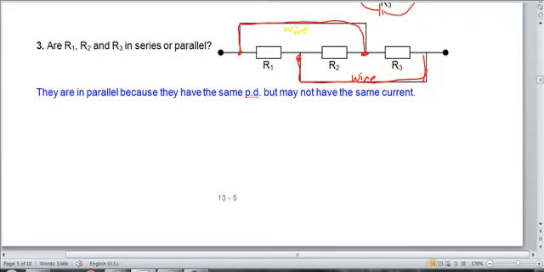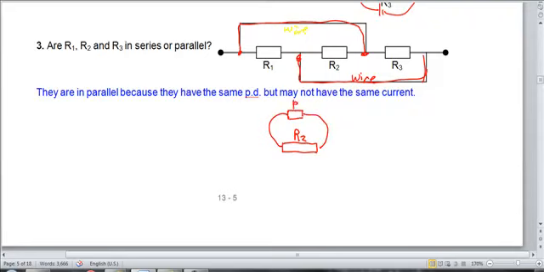Okay? So I can keep R2 at the same position. And I can in fact turn this R1 around, bend it around, imagine, and shorten this top section of the wire to here.